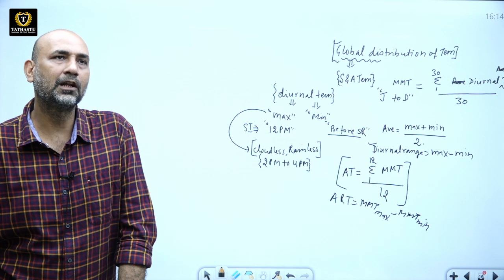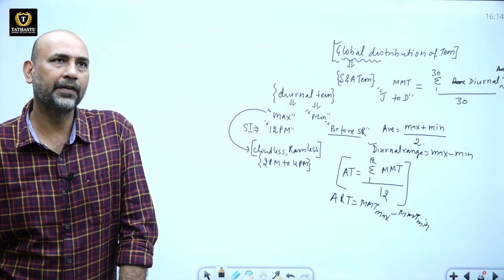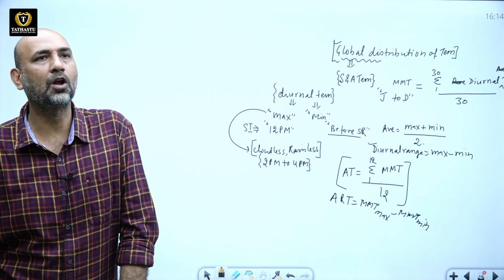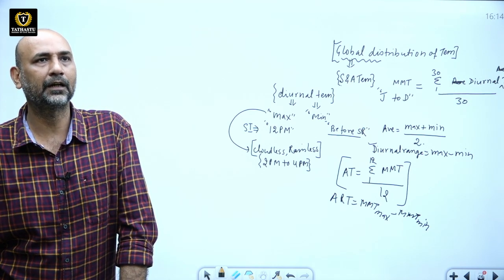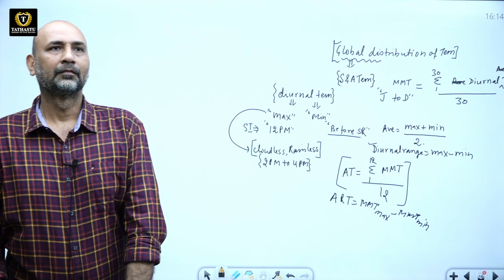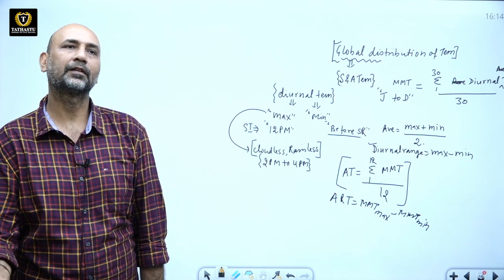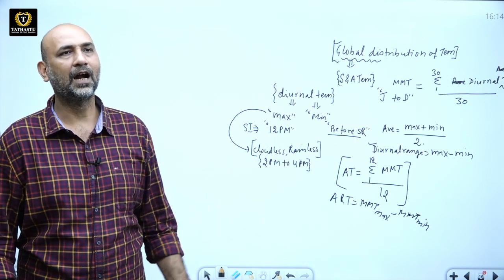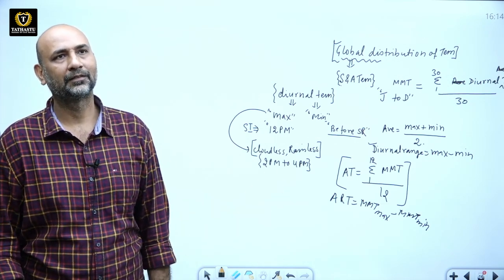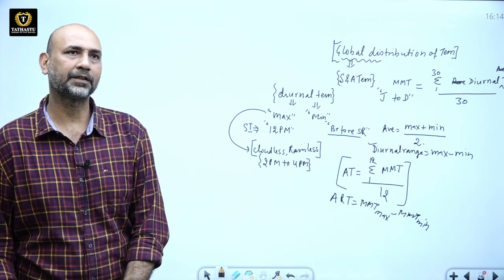Climate represents a long-term atmospheric condition, that is, average atmospheric condition. Average is taken for a longer duration of time, like decades, centuries, years. Weather is a short-term indication of atmospheric conditions, like the weather of Delhi today. We can't say the climate of Delhi today. Climate will represent its annual conditions, overall conditions.